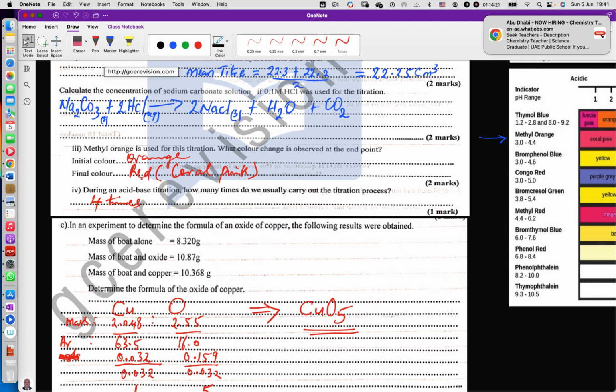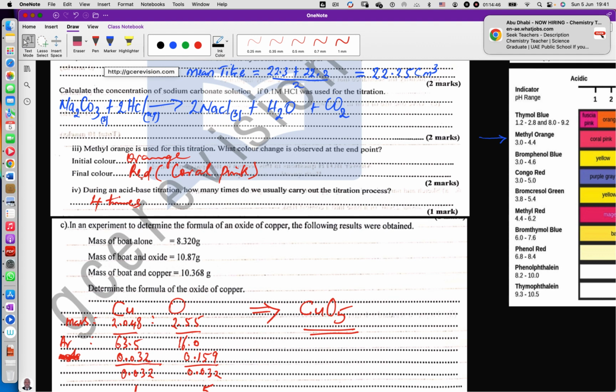During an acid-base titration, how many times do we usually carry out the titration process? Fellow learners, remember that there must be a first titration. We call it a rough titration. A rough titration enables the investigator to know the range of the volume of titrant that is reacting.